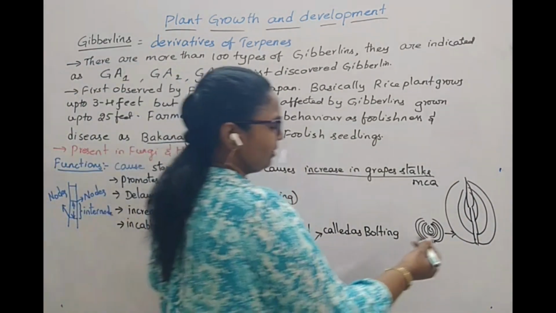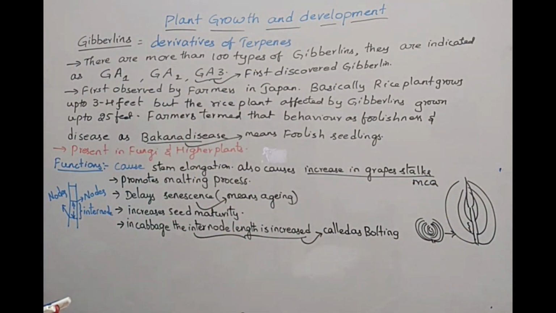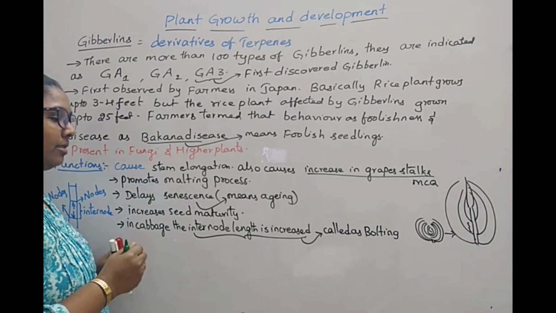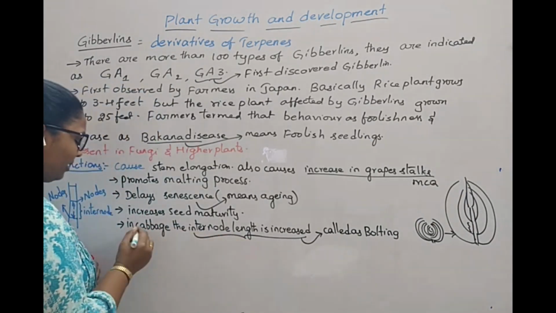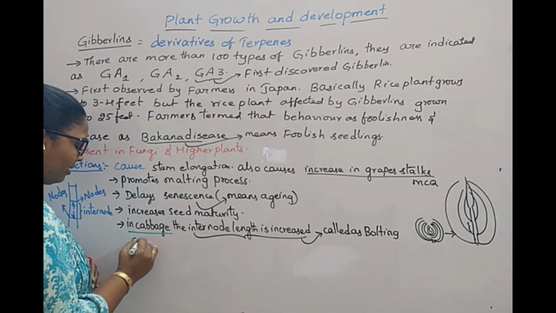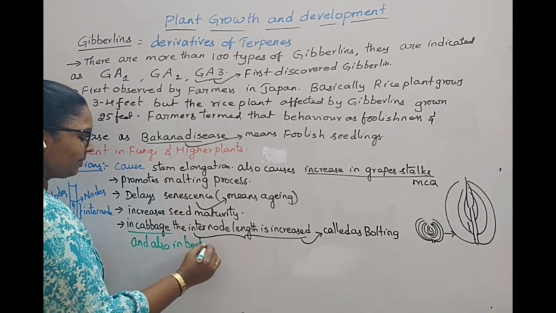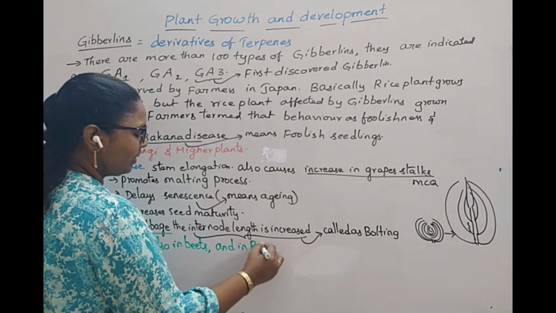So we can say this area is the internode in case of cabbage particularly. And not only in cabbage, this bolting process is also seen in rosette plants also. So we will write in cabbage and also in beets and in rosette plants.